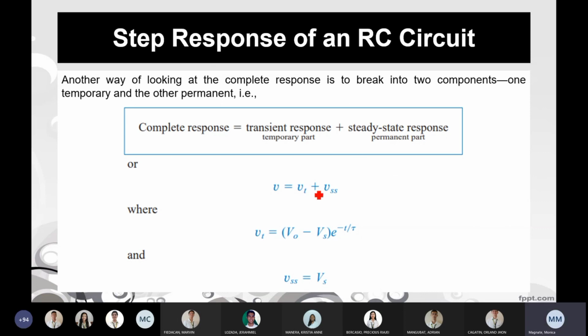So, ganun lang din naman yung formula. V is equal to yung transient response niya plus the steady state response, VSS. Or yung V of t natin is equal to V sub O minus V sub S e raised to negative t over tau. Yung VSS natin is equal to VS or yung source.